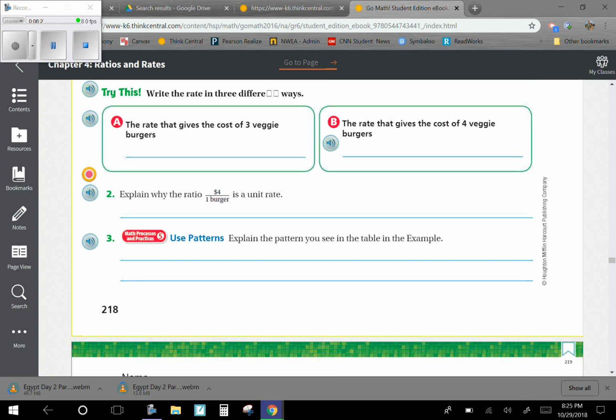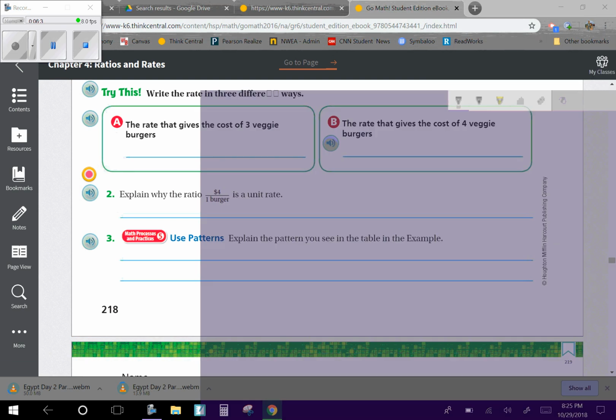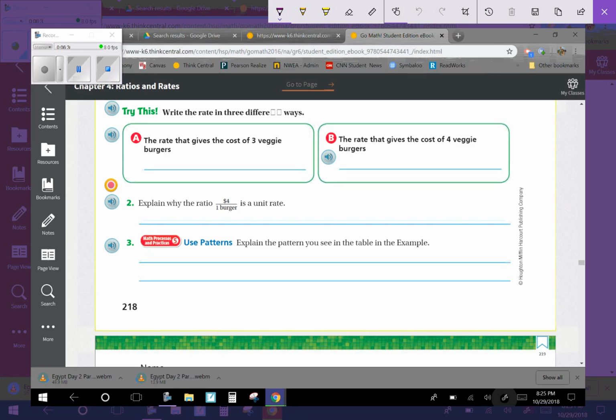Write the rate in 3 different ways. Let's go ahead and look down here at try this. So the cost of 3 veggie burgers, if we look back up at the chart, is $12 to 3 burgers.